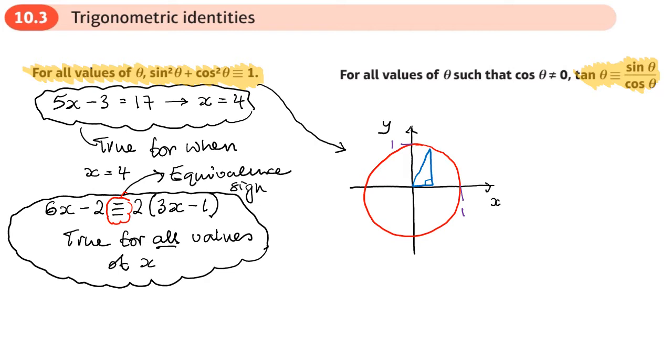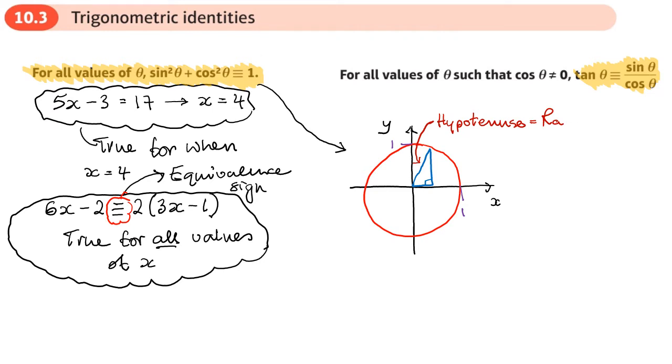And imagine that the hypotenuse of this right angle triangle is the radius. So the hypotenuse of any right angle triangle I draw in that circle will equal the radius of the circle.